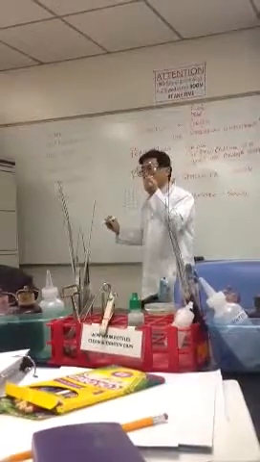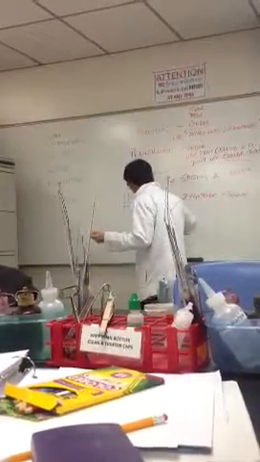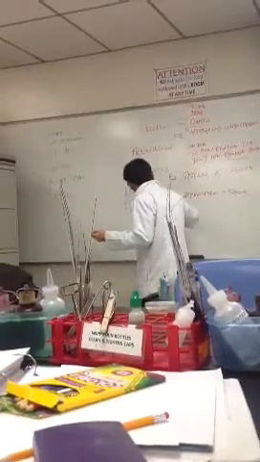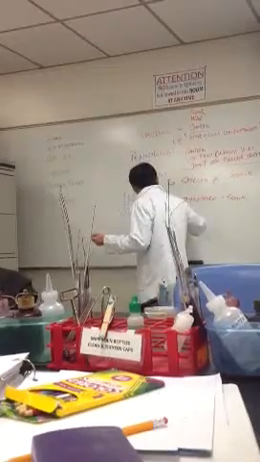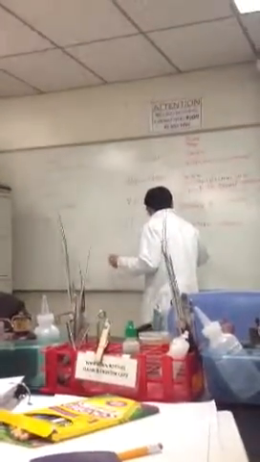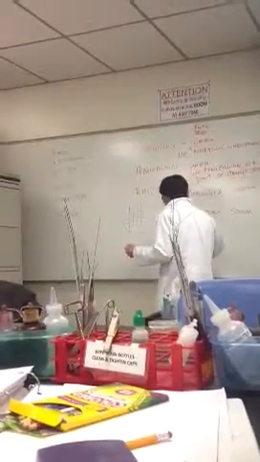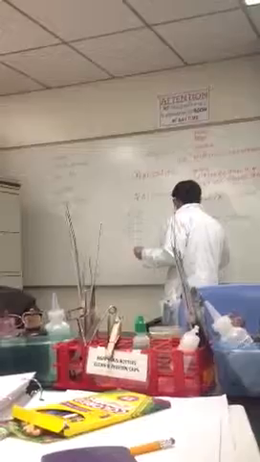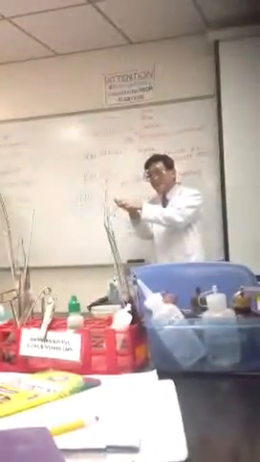I know it looks like something you can eat, but don't eat it. You put it inside the slant, and you want the mold or the fungus to face the agar so that it has that surface to grow on. So make sure you put it fungus side down right onto the agar.